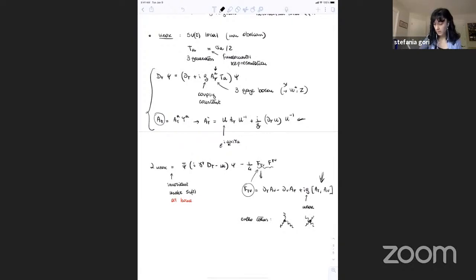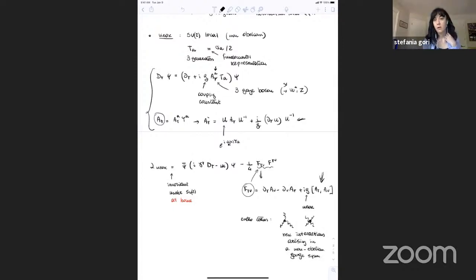So these are new interactions arising in a non-abelian gauge symmetry.